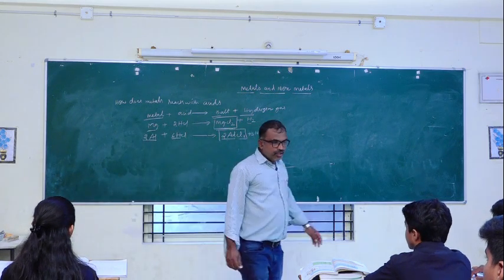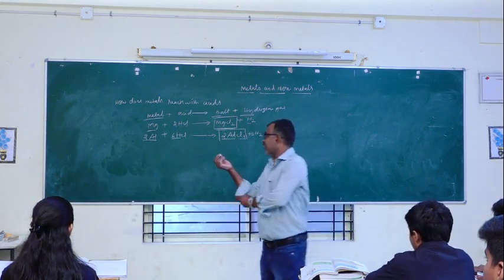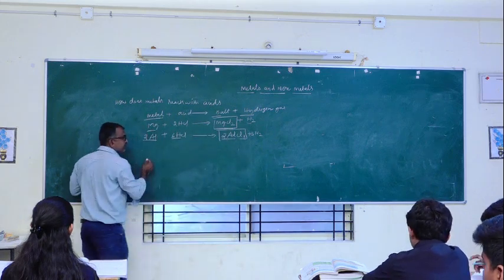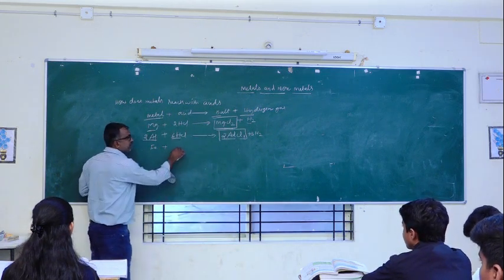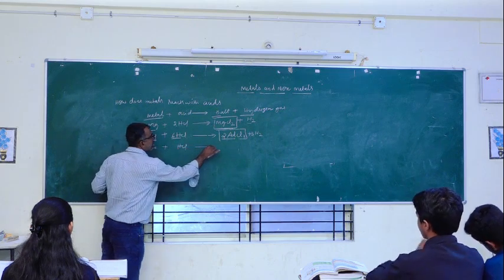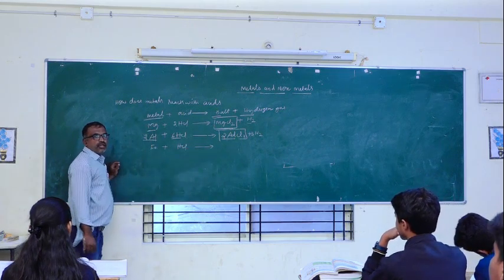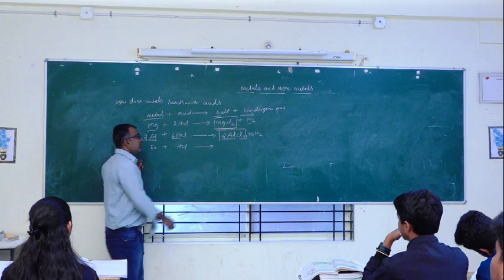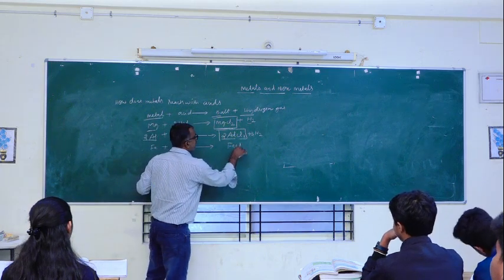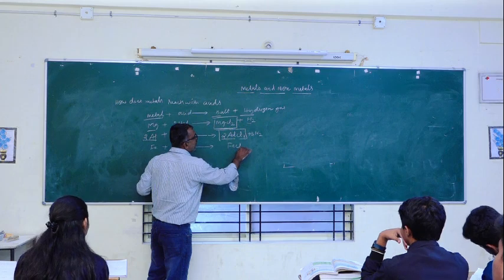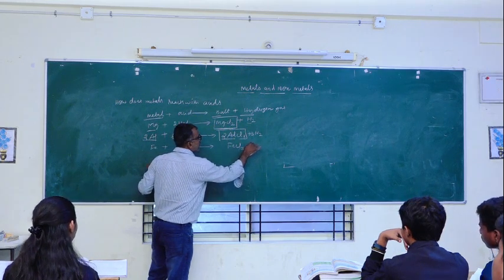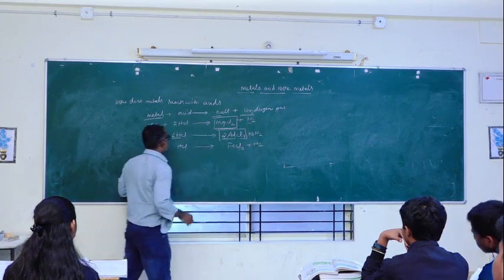But in our book, they give another example, that is iron. Iron reacts with HCl to give FeCl3 plus H2.